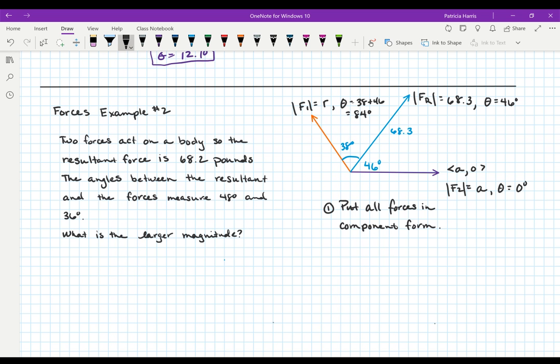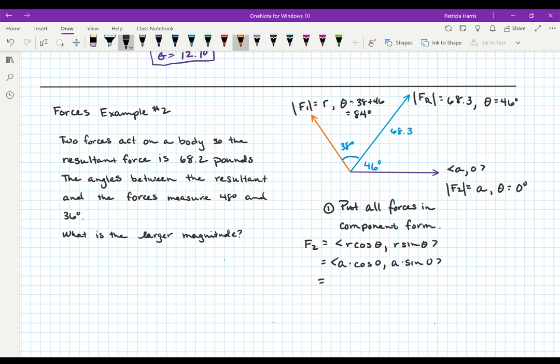Okay. So we'll deal with force 2 first. If I put that into component form, remember my formula is R cosine theta, R sine theta. So that's going to be A times cosine of 0, and then A sine 0.